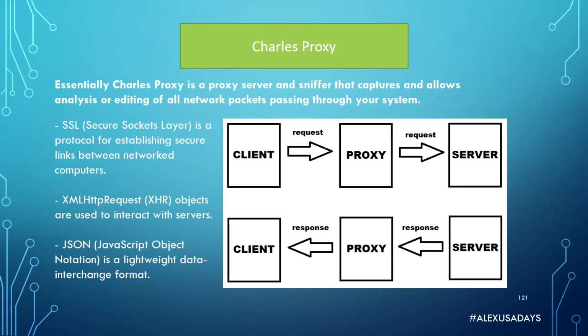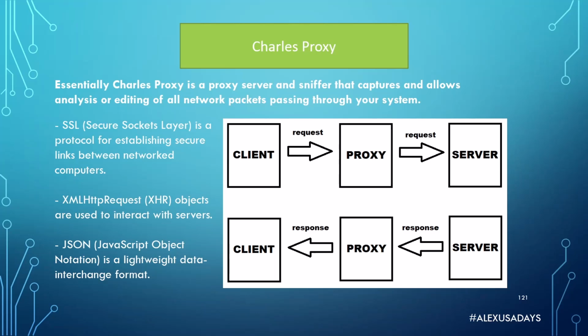Now, essentially, Charles Proxy is a proxy server and sniffer that captures and allows analysis or editing of all network packets passing through your system. So you can see on this diagram, you access through the client, that might be your phone or a browser in your computer, you're trying to access server. Let's say you launch an app and the app is trying to access server.